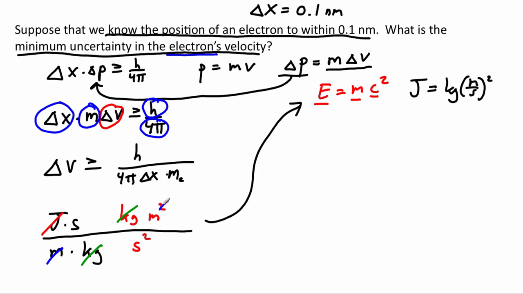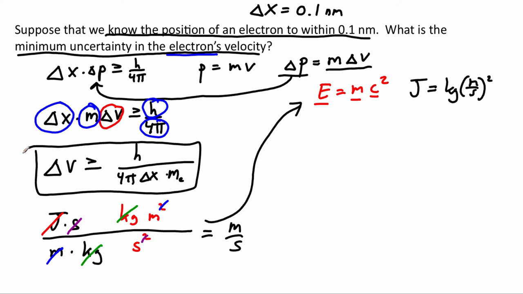There's two factors of meter, we're just canceling one. And we could cancel seconds with one of these units of seconds. And if we look at what's left, we have 1 unit of meter, 1 unit of seconds, so we've got meters per second. So we'll write down this is meters per second. And that's a good sign that we've done our algebra right. So we're happy with this. We'll maybe draw a box around it to say we're happy with it.